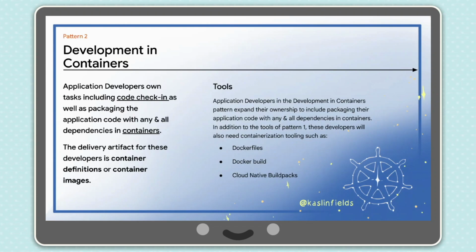A container image is something like a binary file. So if you are familiar with writing code and you compile your code up into a binary file, that's kind of what container images are to containers. It's the compiled form of the package containing your application and its dependencies that can then be run as a container.